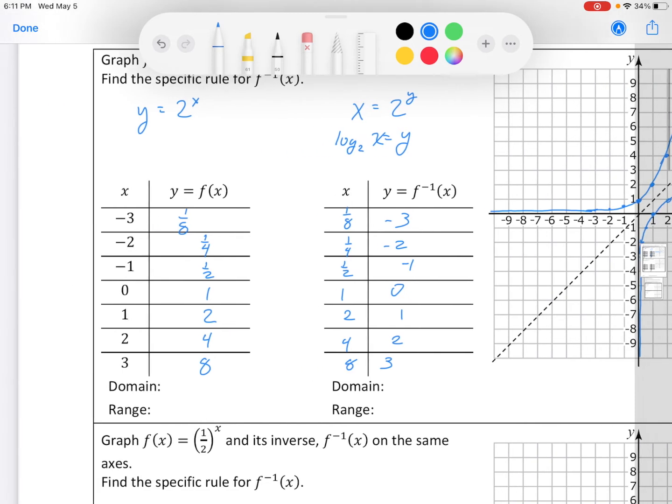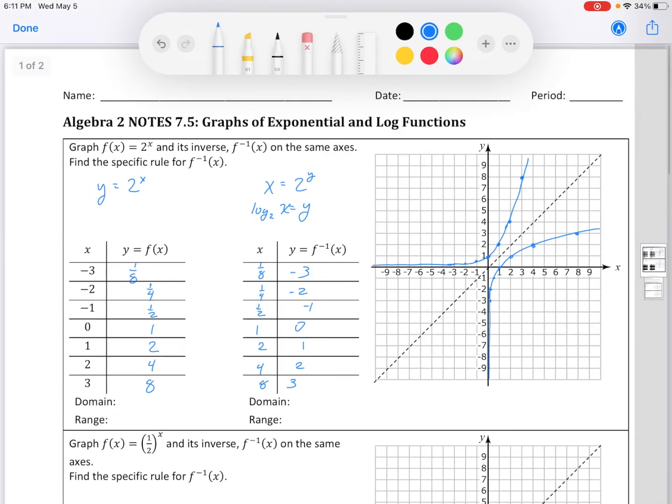Now, what I was saying just a moment ago about the input and output of the exponential function, there is no power that I can't put in for x. So the domain of that exponential function is any x value at all from negative infinity to positive infinity.